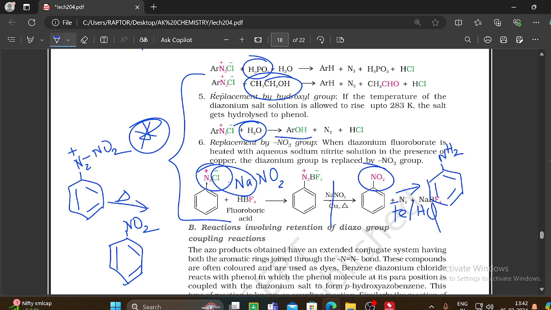Definitely it will not be there. And that nitro salt into nitrobenzene, that conversion also you cannot find. Because just suddenly the spark came in my mind, that's why I am saying this. If you check, definitely there will be no such reaction.